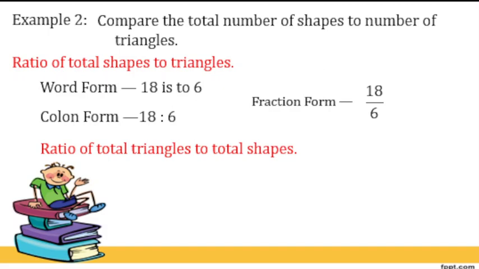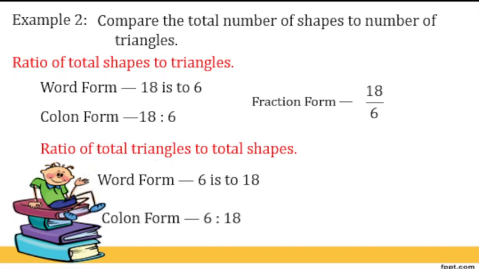Now, this time, the ratio of triangles to total shapes. That will become 6 to 18 in word form. And in column form, that is 6:18. And in fraction, that is 6/18. Again, we can write the ratio in three forms: word form, colon, and fraction.